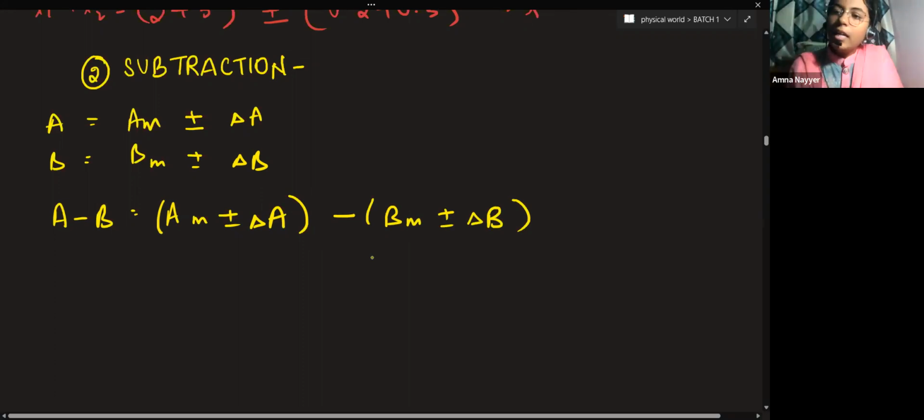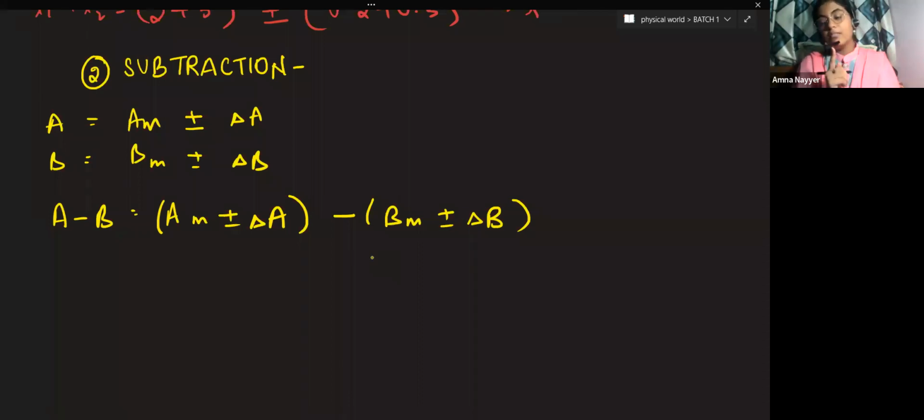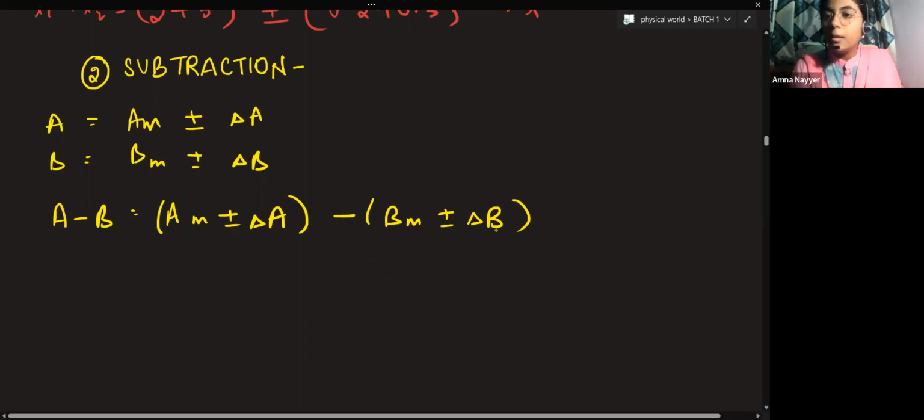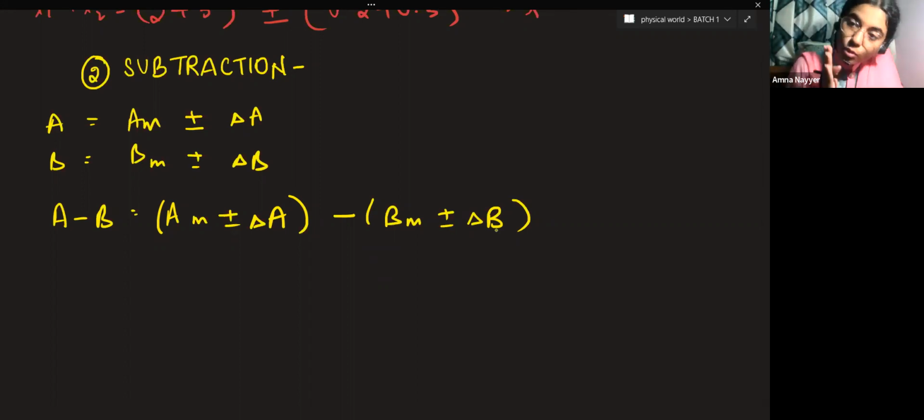Remember, mean values can get added or subtracted, but mean absolute errors, these delta A, delta B, can never ever get subtracted. Whether it's subtraction or addition, you always have them getting added. In addition, both of them got added. In subtraction also, both of them got added.